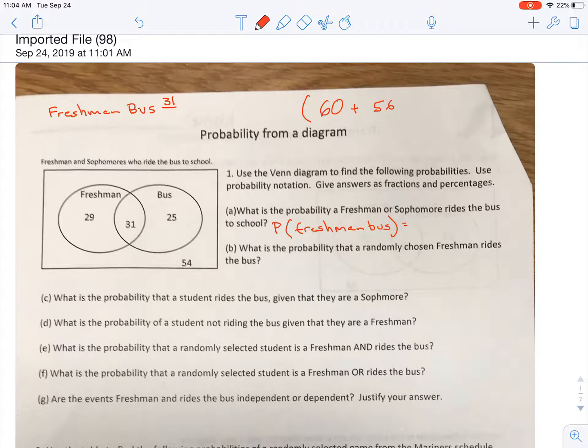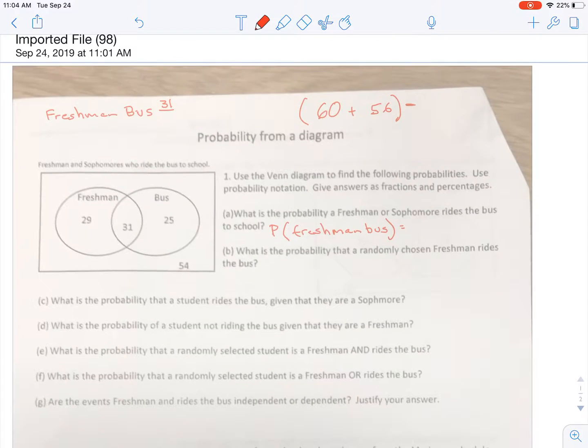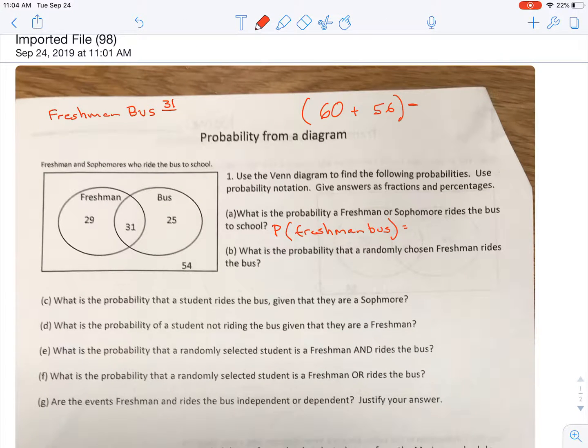So I just added the 2 circles together. Now when I did that, most of us are starting to pick this up, I think. I counted the overlap 31 twice, okay? Because when I did the freshman, I went 31 plus 29. When I did the bus, I went 31 plus 25. So because of that, I have to subtract one of those 31s.